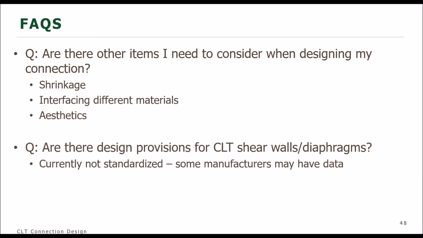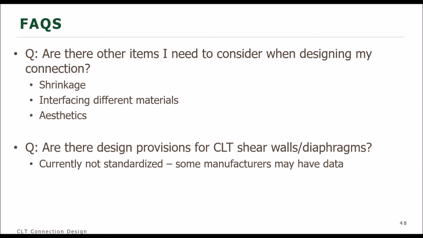Another thing that is important is when you're interfacing different materials. So, principles from steel and concrete don't always translate directly to designing wood. You can put big movement joints in steel and concrete buildings, but sometimes movement joints in wood buildings are not always accommodated the same way.